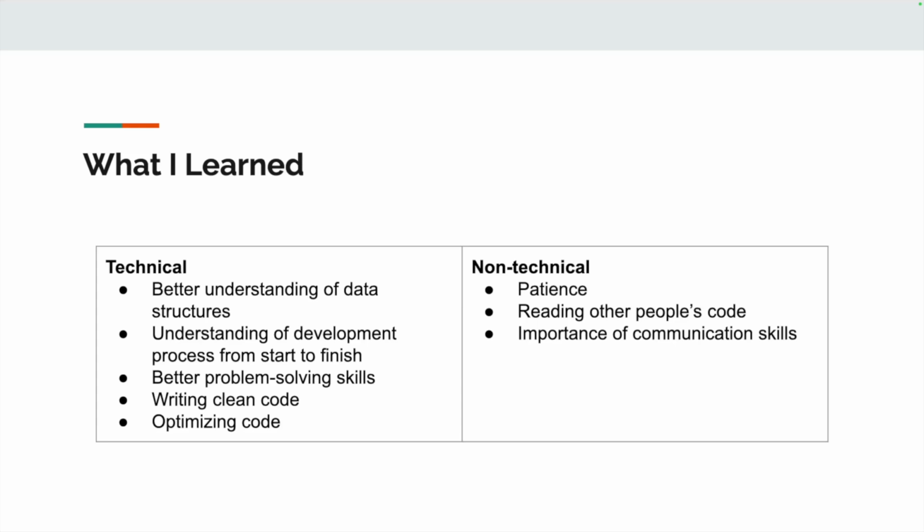So now I know more about designing the front end, as well as designing the different tables for my database. And I've also gained better problem solving skills and learned how to write clean code by writing less.